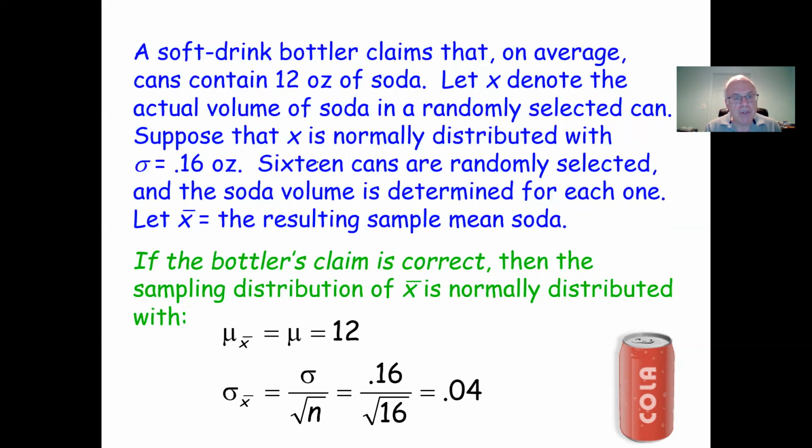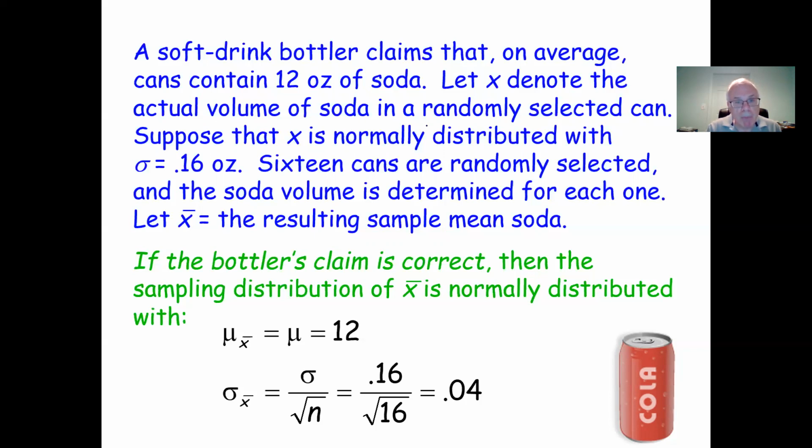Okay. Now, 16 cans are randomly selected. Can we use, in this case, the central limit theorem? Well, the central limit theorem says it needs at least 30 cans. But, and this is the big exception, if we can assume that the population is normally distributed, which it says up here in the body of the problem: suppose that X, which is the amount of soda in any can, is normally distributed.